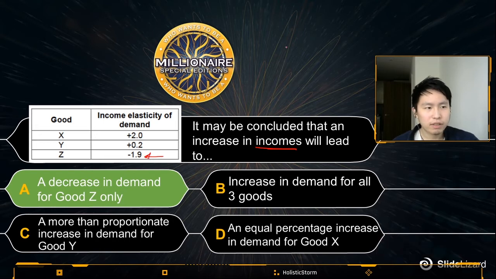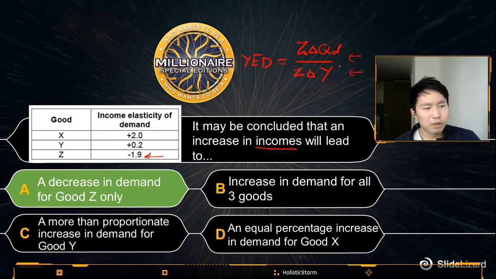So if we use the formula again, the percentage change in quantity demanded over the percentage change in income, right? So for Z, it's got a negative income elasticity of demand. This means that one of these numbers is going to be negative, right?